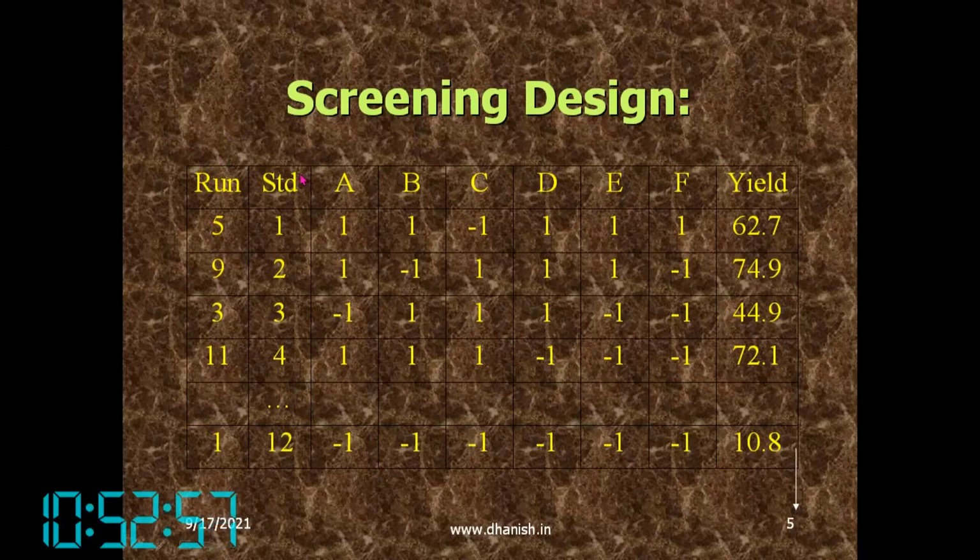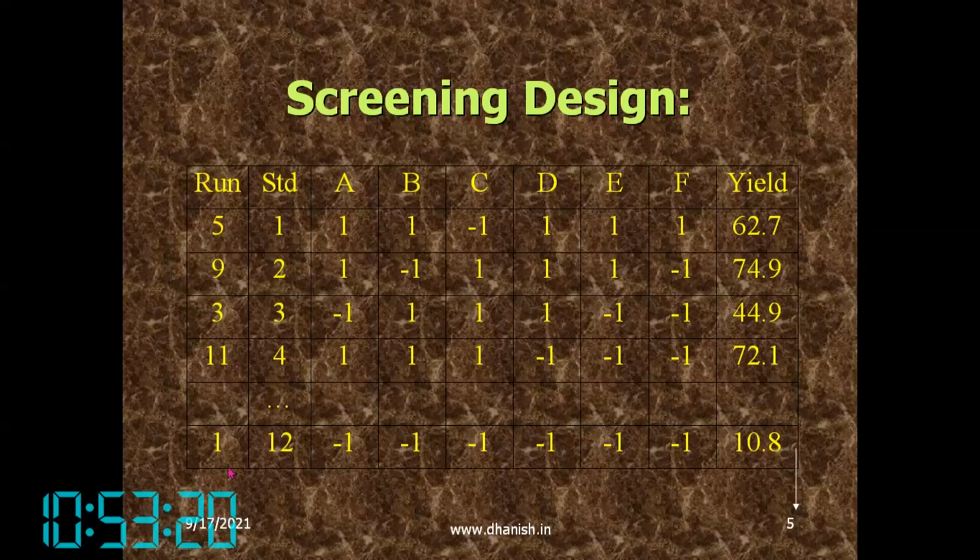Then the standard order is the second column, which is usually low, high, etc. For fractional designs, of course, it will not follow that pattern directly. Fractional factorial designs are a fraction of the full factorial. In the full factorial, it will be low, high, low, high, low, high. So here we have A, B, C, D, E, F, so we study all the 6 factors.